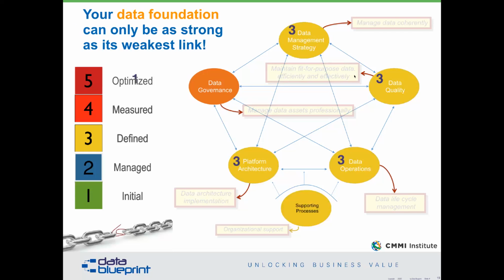However, if their data governance practices are still at a level 1, the entire practice is only at a level 1 because, again, your data can only be as strong as its weakest link. And in this case, without a good piece of data governance around this, and you'll see how this plays into MDM in just a second, it wouldn't matter if you put $1 billion into data quality, you would still have a level 1 practice.